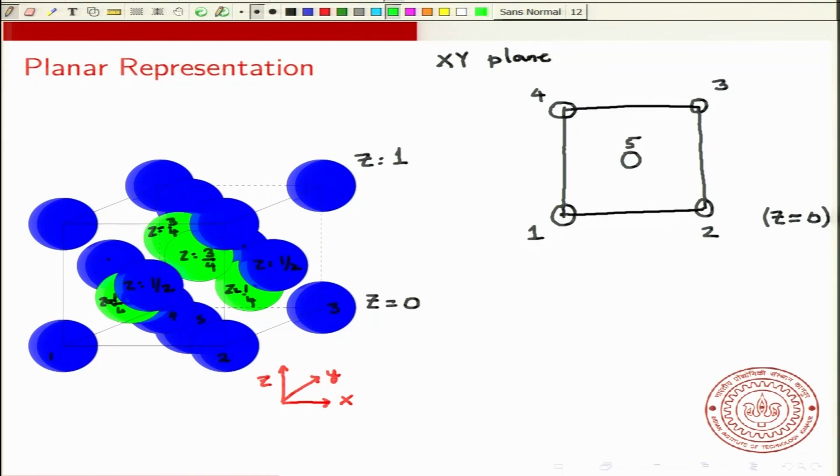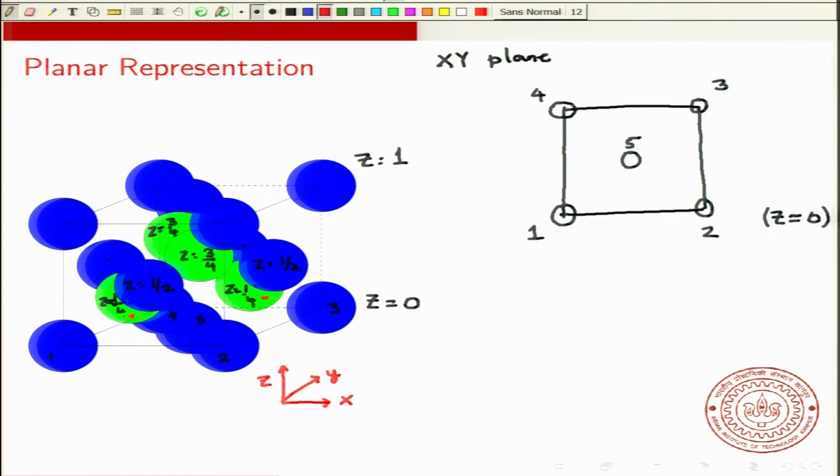Okay, and if you go back and see their fractional coordinates. Okay, now I am referring to these 2 atoms. I'll just shade them, this atom and this atom. Okay, and if you go back to their fractional coordinates, the fractional coordinate of this is x equal to 1 by 4, y equal to 1 by 4, and z equal to 1 by 4.